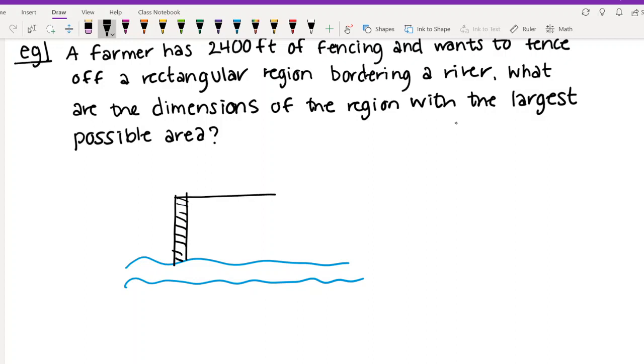This is not going to be correct from a perspective point of view, but okay. So here's our river, our fence. And we're trying to maximize the area inside of here.